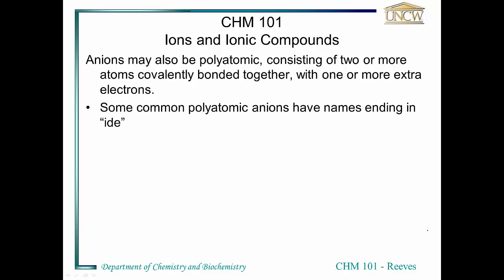There are some polyatomics which have common names which end in IDE, and 2 of them that we may run across this semester are CN, which is cyanide, and OH, which is hydroxide. Again, they end in IDE even though they're not monatomic. The exception proves the rule.